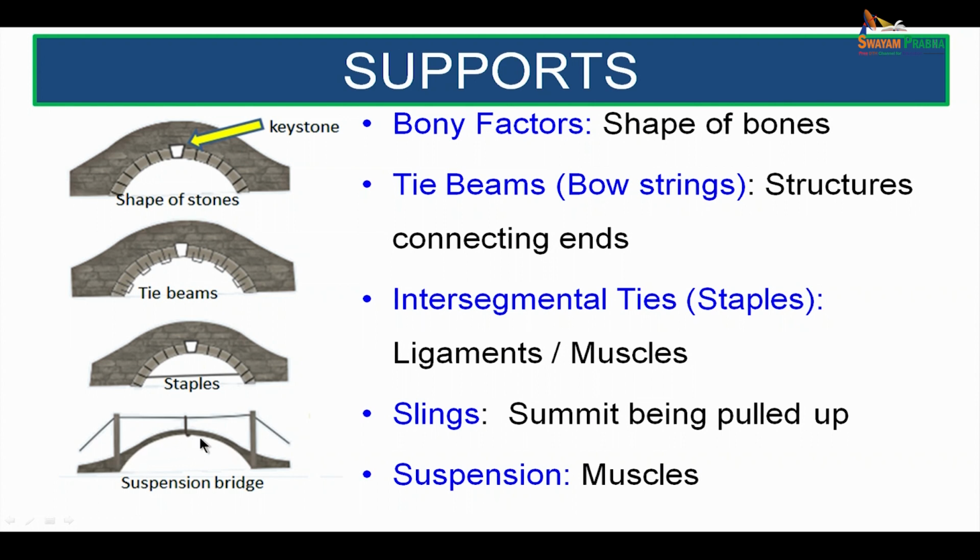And there are suspension elements, in the form of slings or suspension factors, which are the structures which hold the arch from above or support it from a lower level. Most of these structures, the tie beams, staples and the suspension bridges, are constituted by the various ligaments and muscles that form part of the foot and thereby support the arch in its formation and function in different ways.